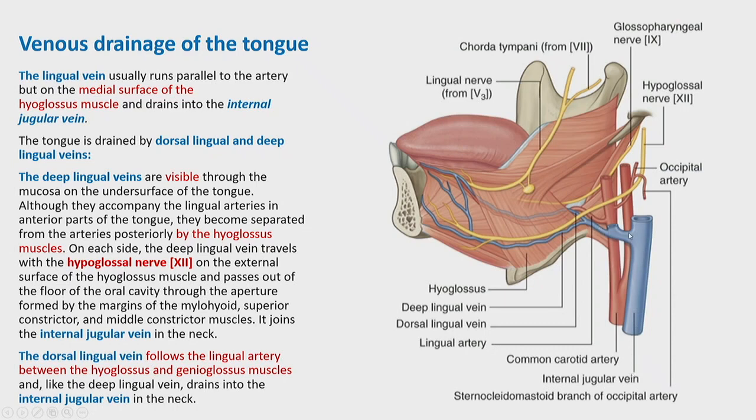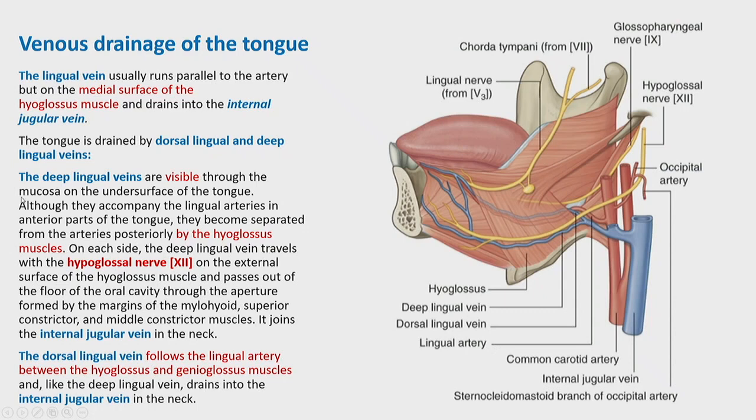So here is the lingual vein, but here you have the 2 main sources of the vein. Be careful with the veins: most of the time we have variation, so it's not 100% what is written. But the main 2 sources are the dorsal lingual, and the other one is the deep lingual.